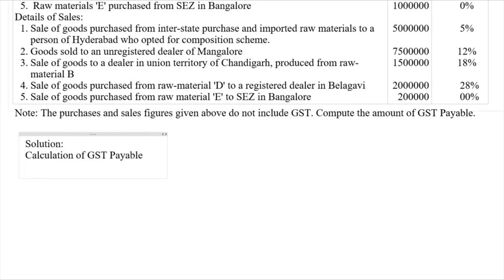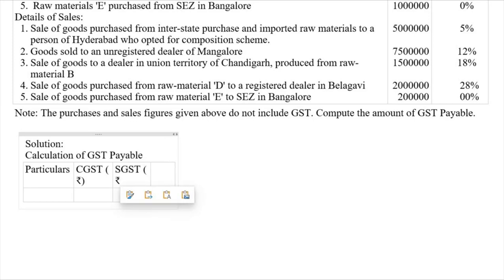So now let me insert 4 columns here. That is particulars, CGST in the bracket, let us write rupees. Next SGST in the bracket, let us write rupees. Then IGST in the bracket, let us write rupees.